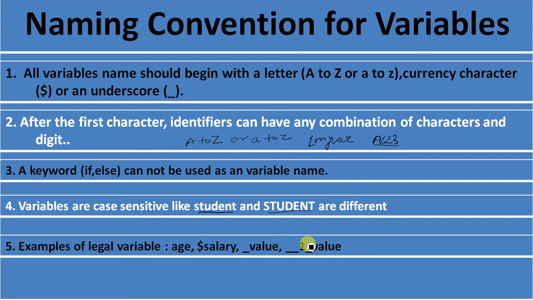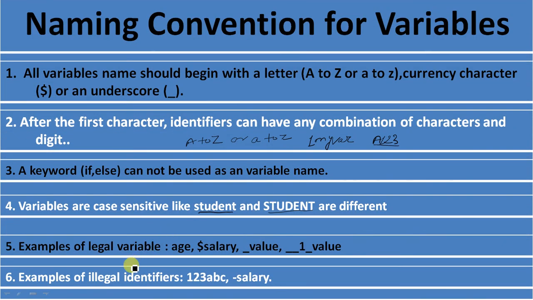But you cannot start your variable name with a digit or any special character apart from dollar and underscore. Some examples of illegal identifiers or variable names are abc, 123abc. Here we are starting the variable name with 123, so this is an illegal variable name. Hyphen salary is also an illegal variable name.